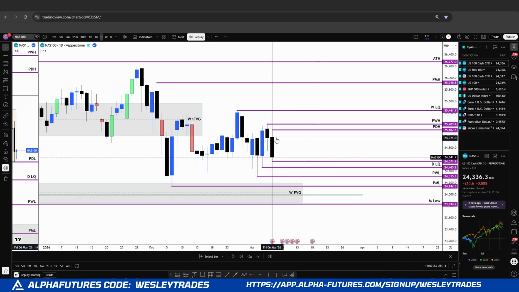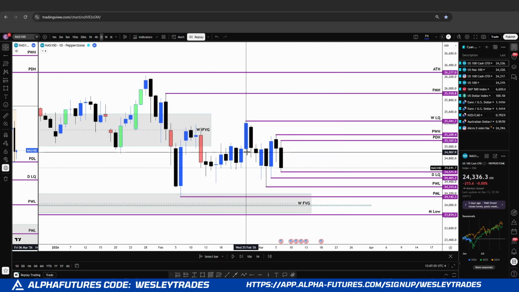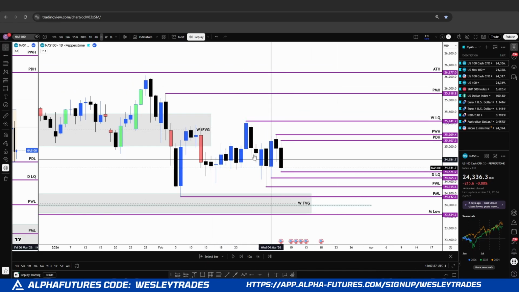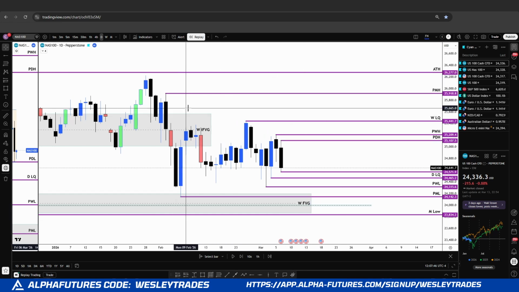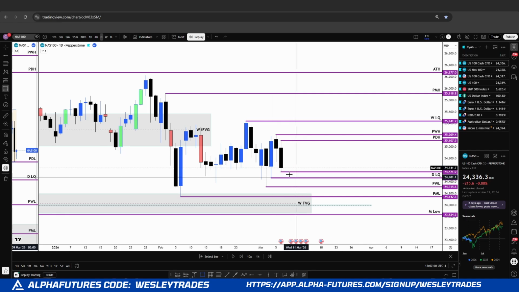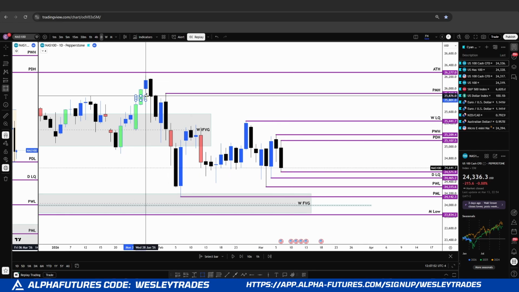All right. So what do we have in terms of fair value gaps? This one has been used multiple times, so I'm not going to mark it out. There's no need because I'm going to focus on this new structure here. There are no fair value gaps that we can really work with that are close to price at this point in time. There's one here. There's a daily inverted fair value gap.